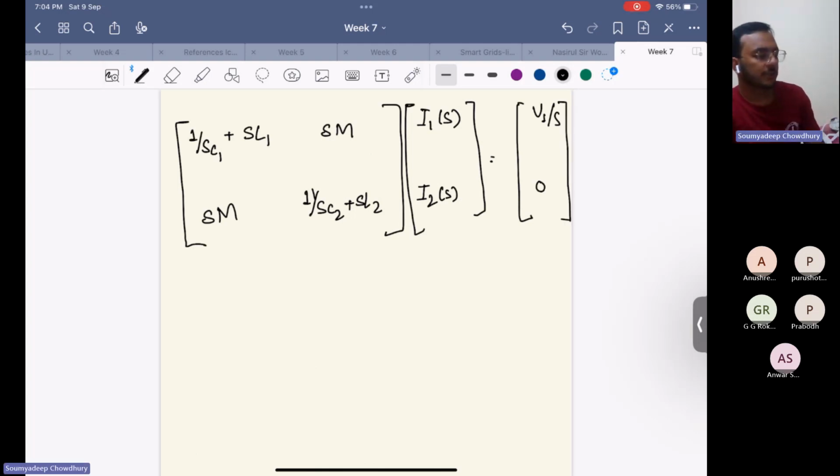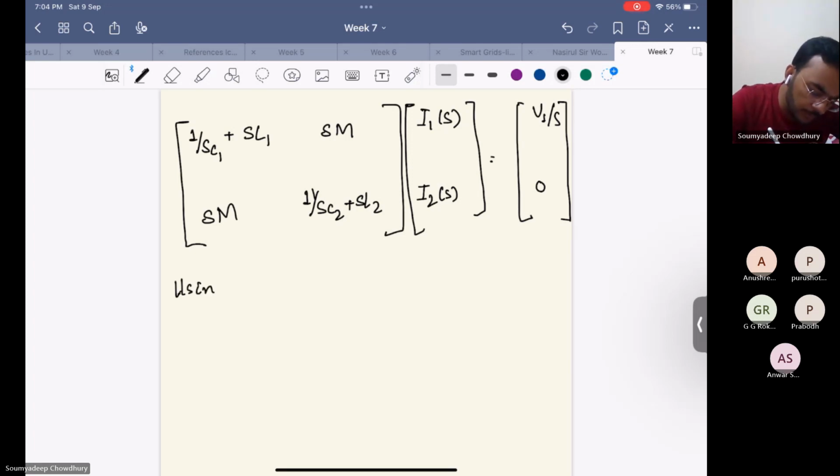Now we have to solve this equation. To solve a matrix equation, what is the procedure followed? We can use different procedures, but I will use Cramer's rule.